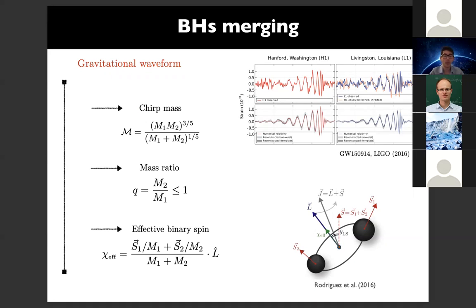While at next to leading order, it depends on the mass ratio, which is the ratio between the secondary and lighter component with respect to the primary and the heavier. And also it depends on the effective binary spin, which is basically a projection onto the orbital angular momentum of the individual spins of the binary black holes weighted by their masses. So it's crucial to understand how these two scenarios will impact on the waveform.